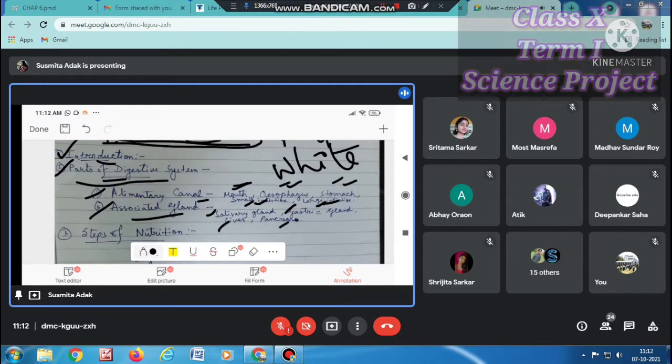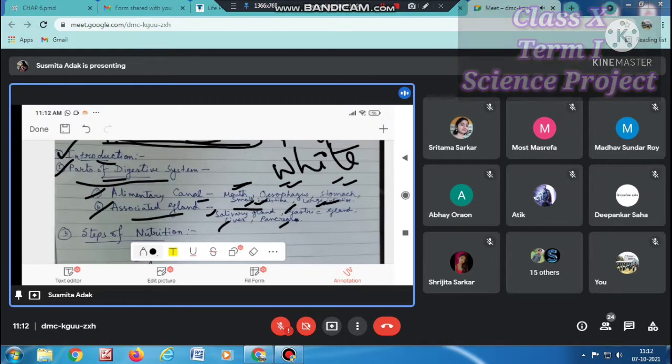For this also you will use 1 or 1.5 pages, and along with writing about the salivary gland, gastric gland, liver and pancreas, you can attach pictures of these also. You have to draw the picture.